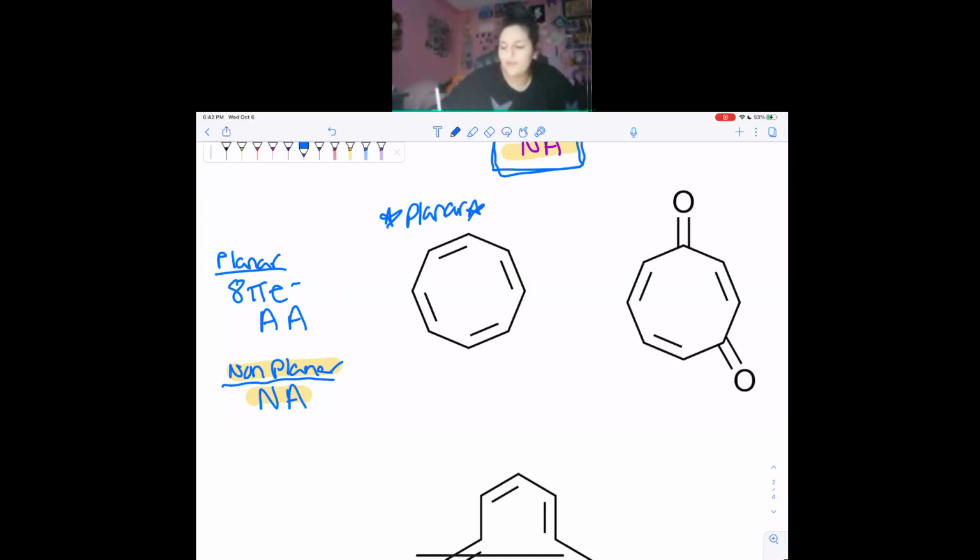What we can kind of think of it as is, it would look kind of like this. Okay, so like chair conformations are non-planar?